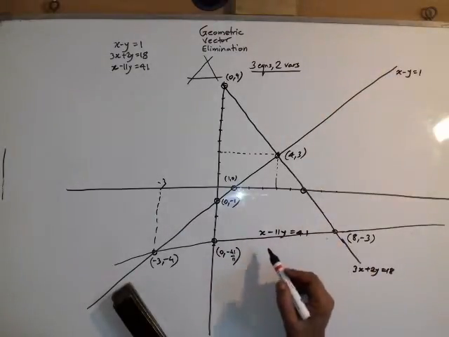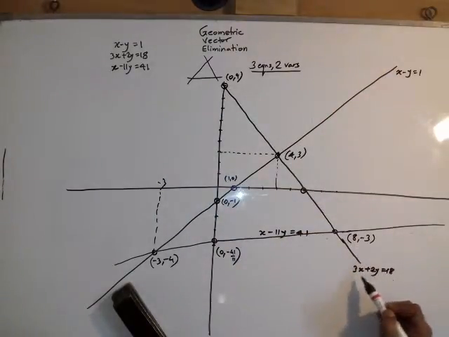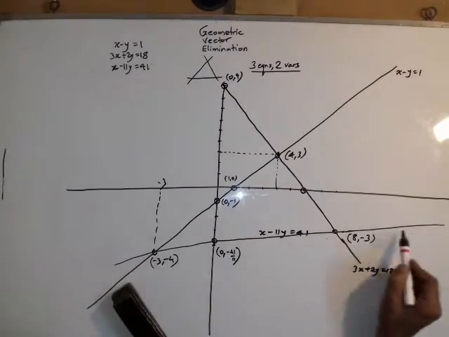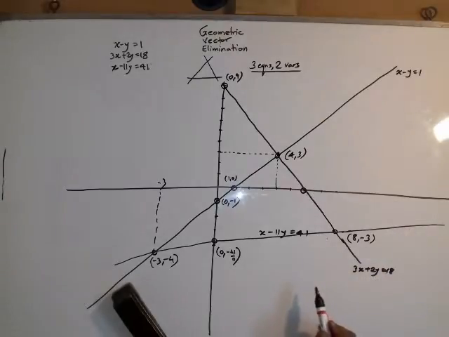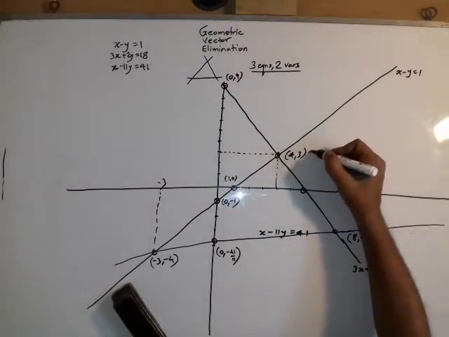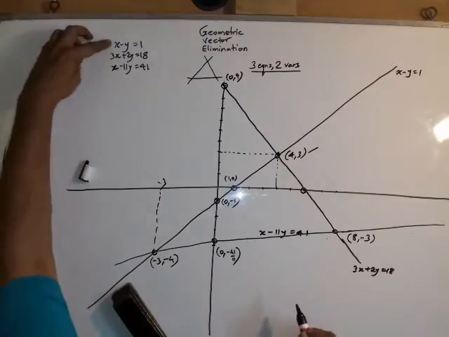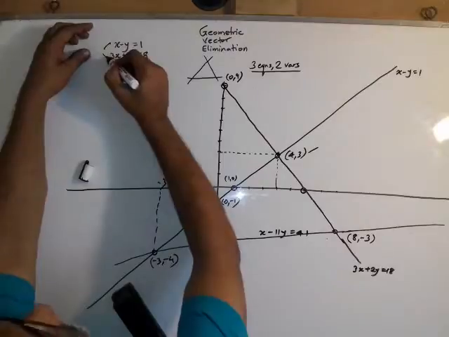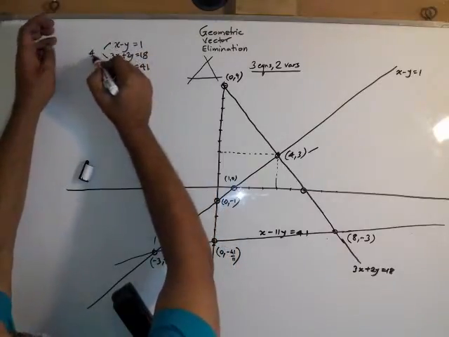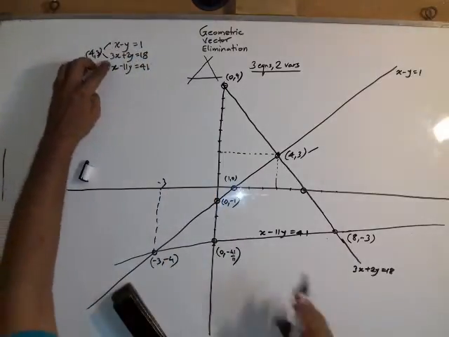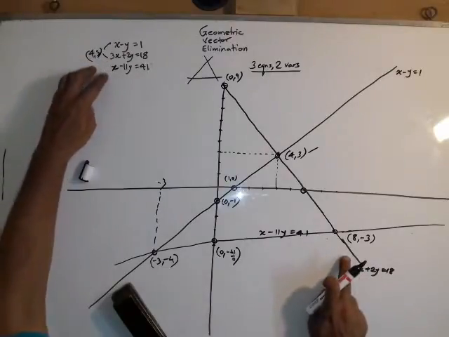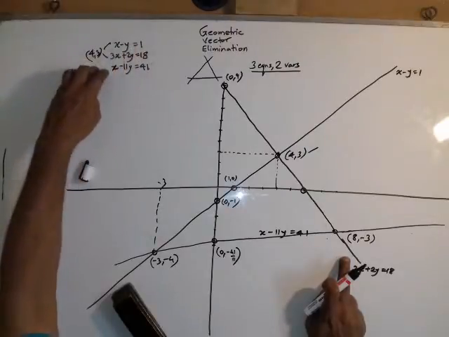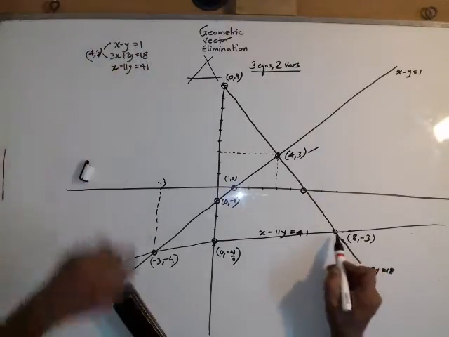x minus y is equal to 1, 3x plus 2y is equal to 18, and x minus 11y is equal to 41. Look at the first point of intersection, between x minus y is equal to 1 and 3x plus 2y is equal to 18. That's 4, 3. Then 3x plus 2y is equal to 18 and x minus 11y is equal to 41: that's right here.